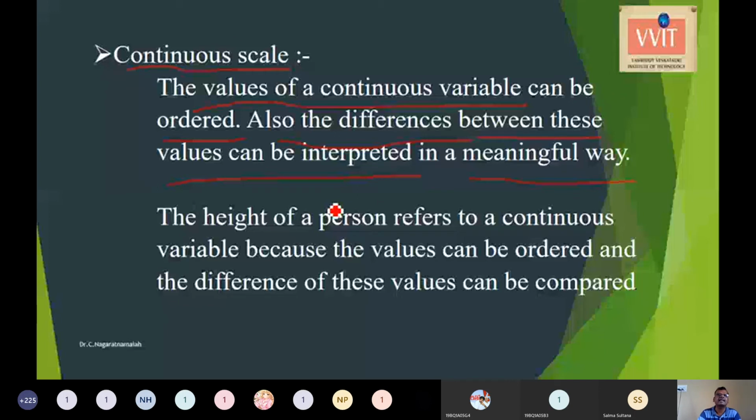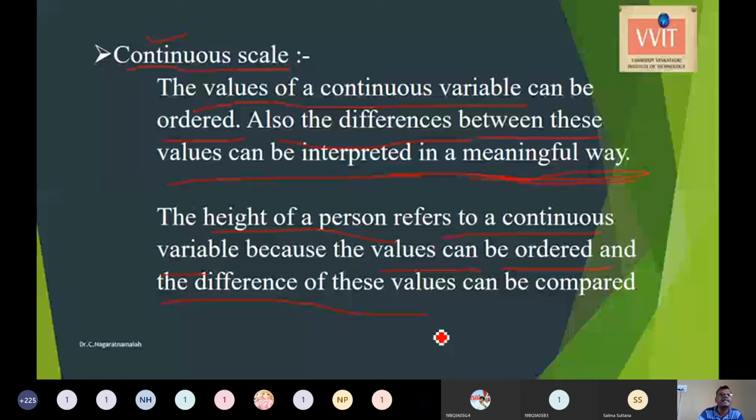Now, let us take an example. The height of a person is a continuous variable because the values can be ordered, and the differences of these values can be compared with other students also. Suppose you have a height of 5.6 feet, and we take the average height of all students in a class, sections A, B, C or D. We know the highest value and the lowest value of the class.